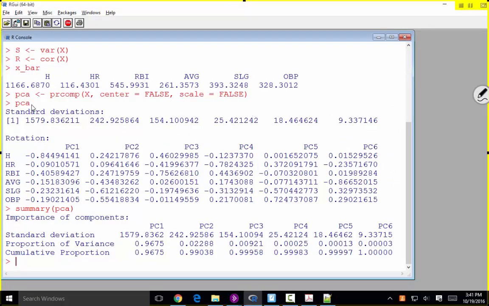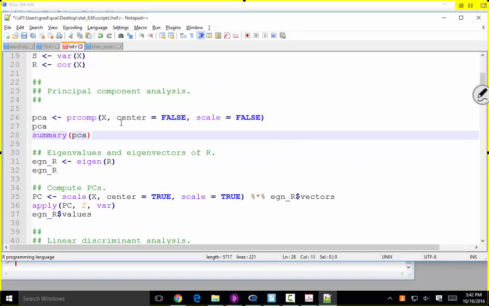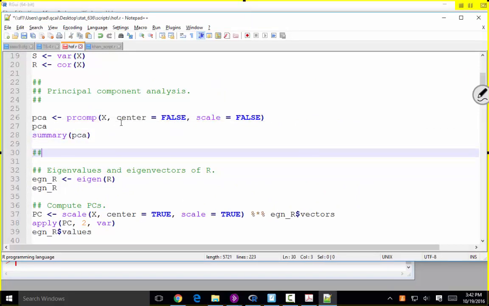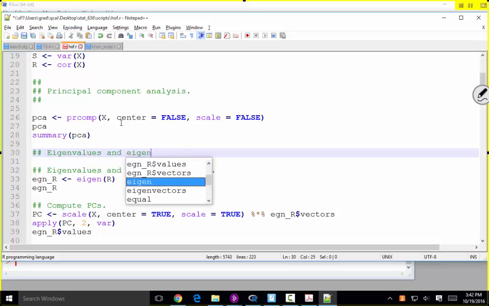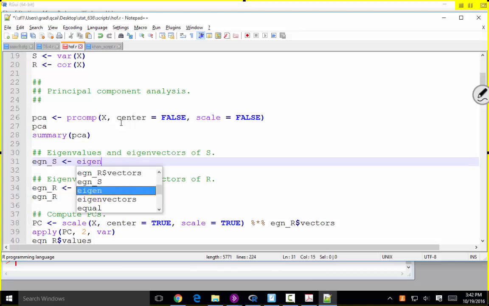If you just type the object name, hit enter, this is the output you get. So let's figure out what these things are. Before I try to figure it out, let me do something here. Eigenvalues and eigenvectors of S.